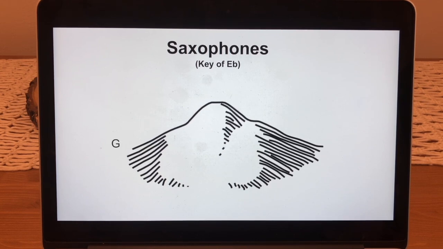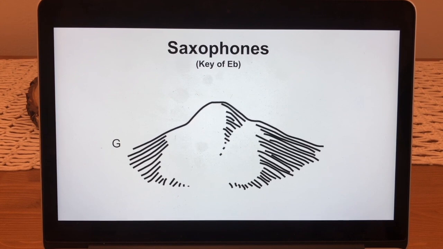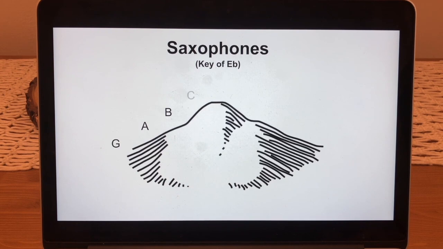G. Okay? This is also really tricky because in our musical alphabet, we only go from A to G, right? So instead of going to H, our next note is going to repeat back to the beginning of our alphabet. It will be A, then B, then C, and then all the way at top of the hill is D. And then once they get there, like everyone else, they come back down.